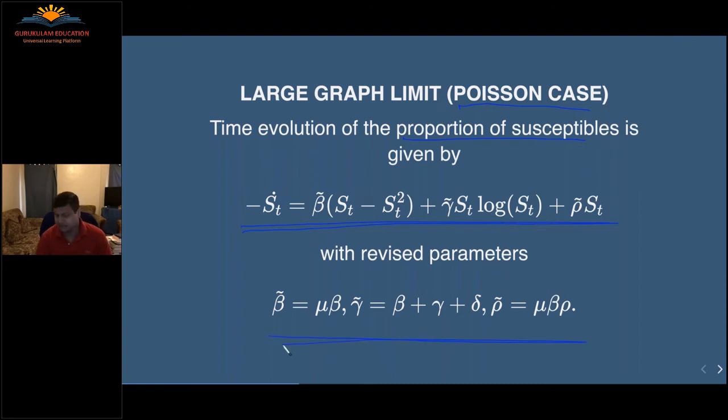So why do we have revised parameters? Well, precisely because the parameters themselves are no longer identifiable. So for instance, the degree of the graph and the infection rate. If you know that there is a lot of infection going on, there are two possibilities, right? You might say the graph has very large degree, so whenever somebody gets infected, he can potentially infect many people. Or you might say the degree is not that large, but the infection rate is very high.